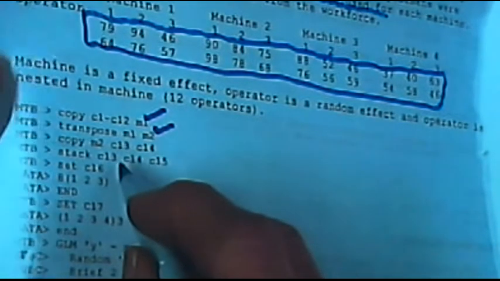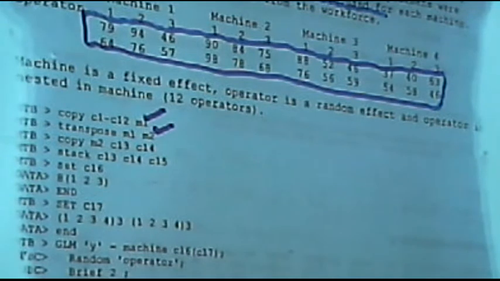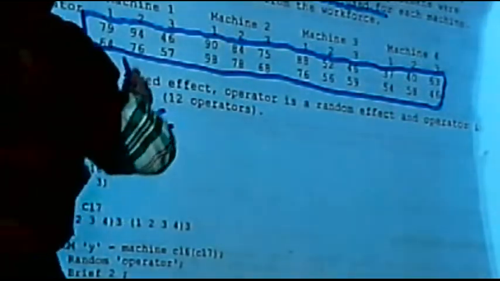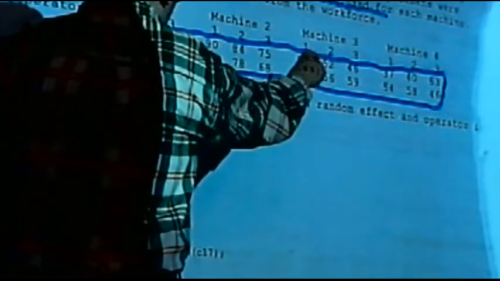So C13 should contain as a column those numbers there.